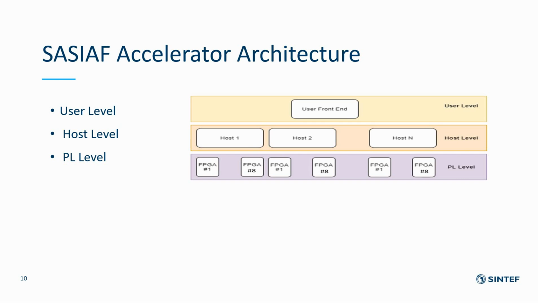The host level is the part of software on each host computer on the Amazon cloud that controls its own FPGA cards, which can be from 1 to 8 FPGAs on each host. And finally, we have a user level. It's an API that gives oil and gas engineers the ability to use our RTM accelerator easily, without spending time to understand what's happening on the bottom layers, what an FPGA is, and how to implement dataflow computing.